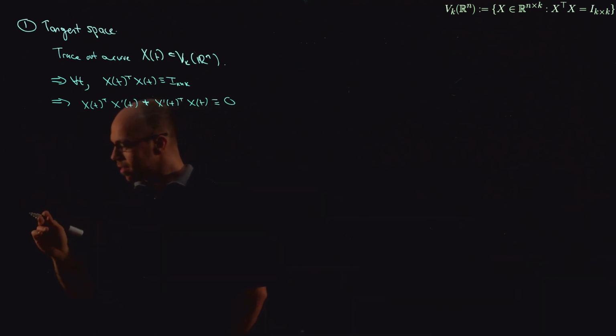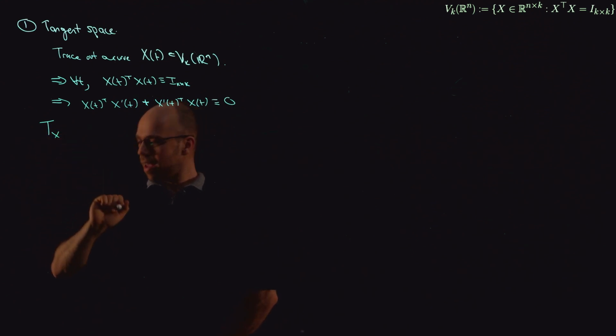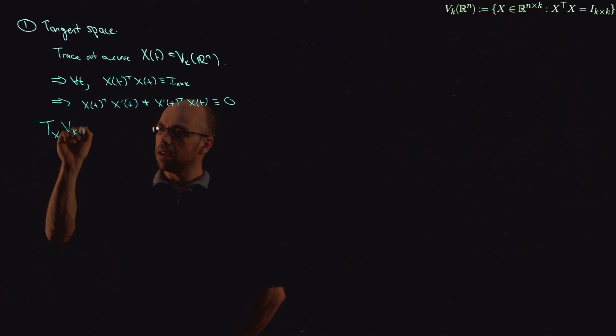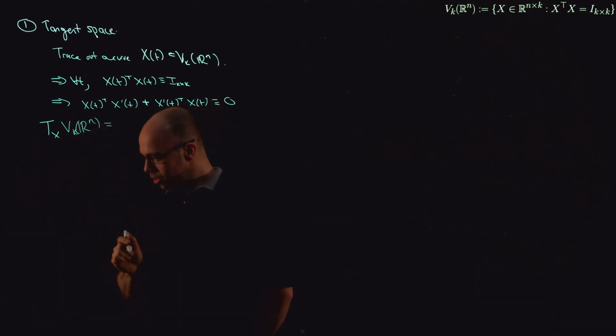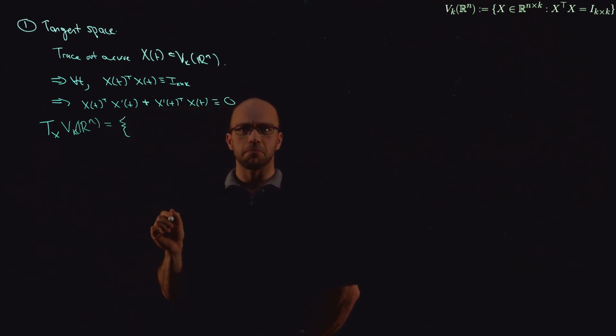So in other words, essentially what we just showed is that the tangent space at a matrix X to our manifold, which is Vk of Rn, is equal to the set of matrices. I'm going to do something brave.